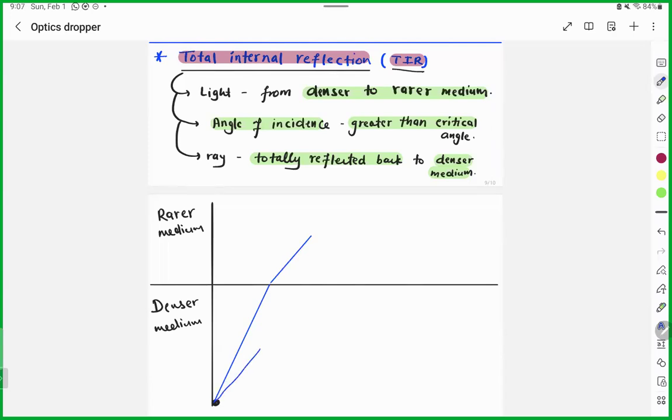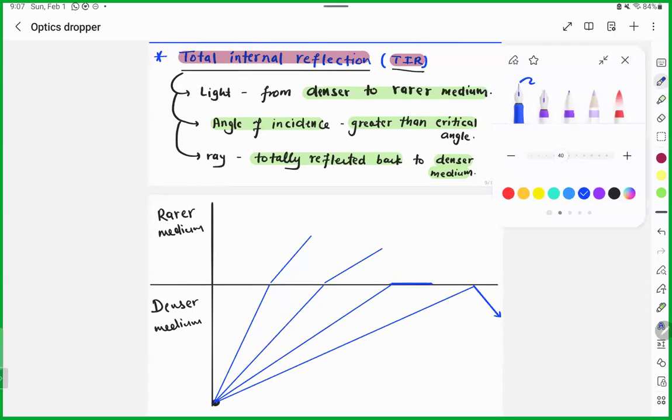Second case, if you do like this, then denser to rarer. Third, if you further change the angle, then this. And last, if it is more than that, then this is total internal reflection. So these are the different situations.